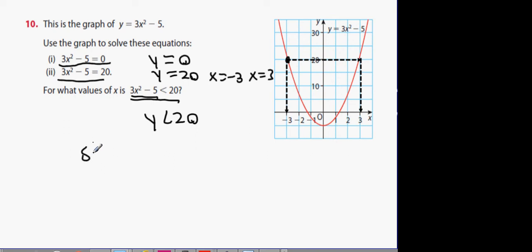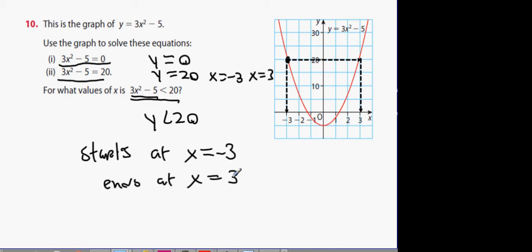It starts at what x value, guys? X equals minus 3. And when does it end? Smaller, smaller, smaller. Now it's equal to 20. Now it's bigger than 20. So when does it end? How do I write that in maths form?